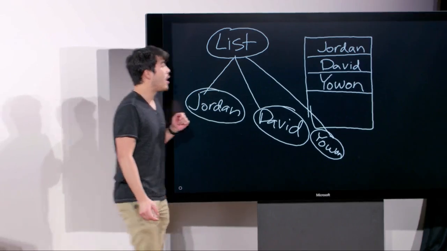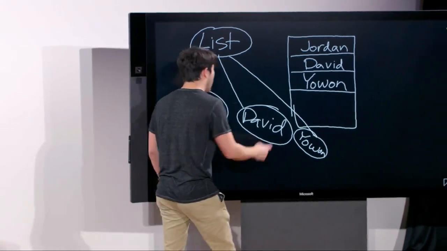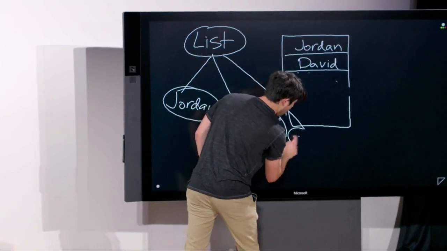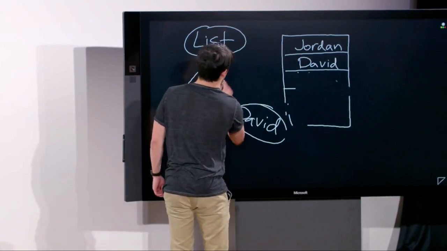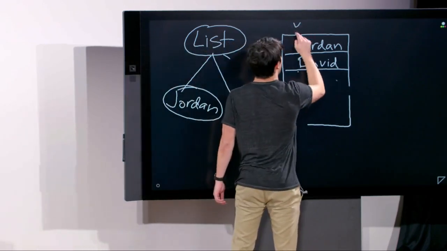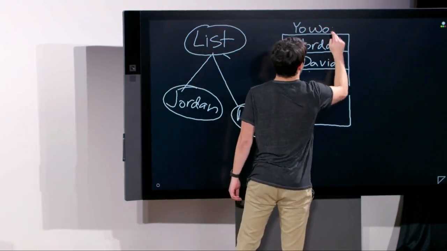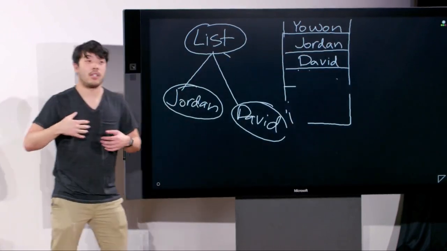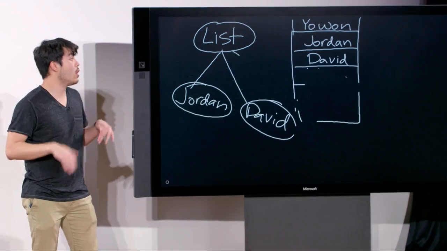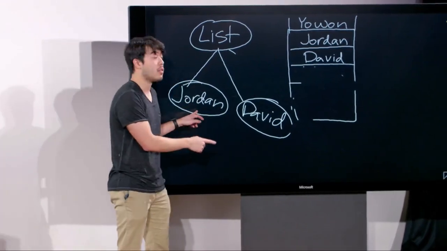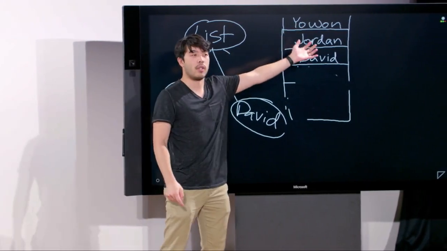But say rather than adding Yoan to the bottom of the list, we actually added him to the top of the list. Now when React does its diffing, so when it compares all of the nodes, it says, oh, we used to have Jordan in position 1, and now we have Yoan in position 1.